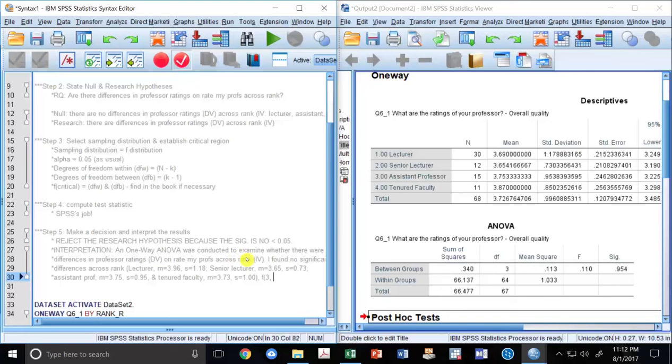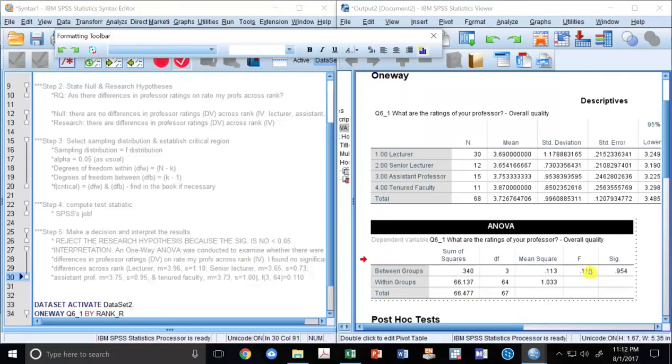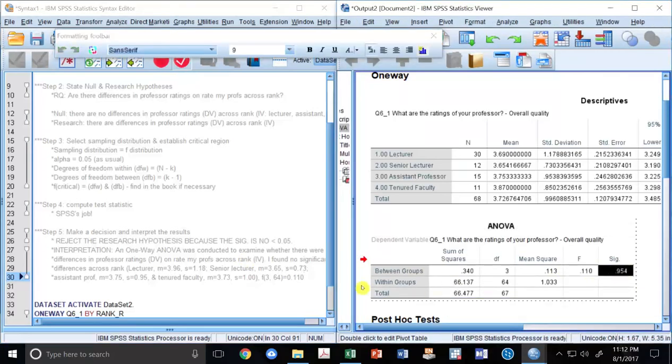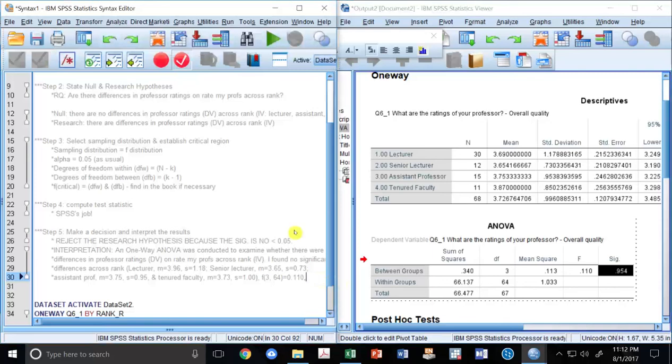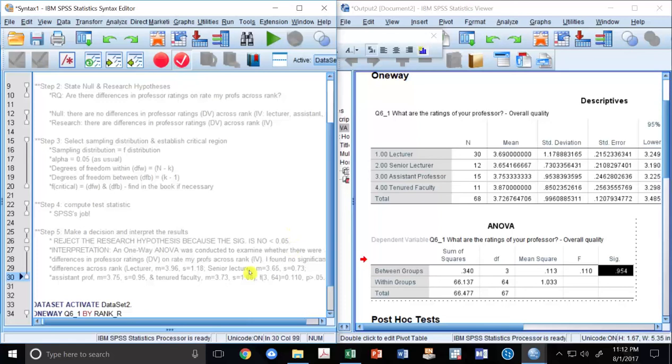I always put the degrees of freedom between, comma, degrees of freedom within for the F, and that equals 0.110, and I'm getting that data from here, right? And then the significance is, since we set our alpha level, we're going to just say p is greater than 0.05, and that's our little thing here.